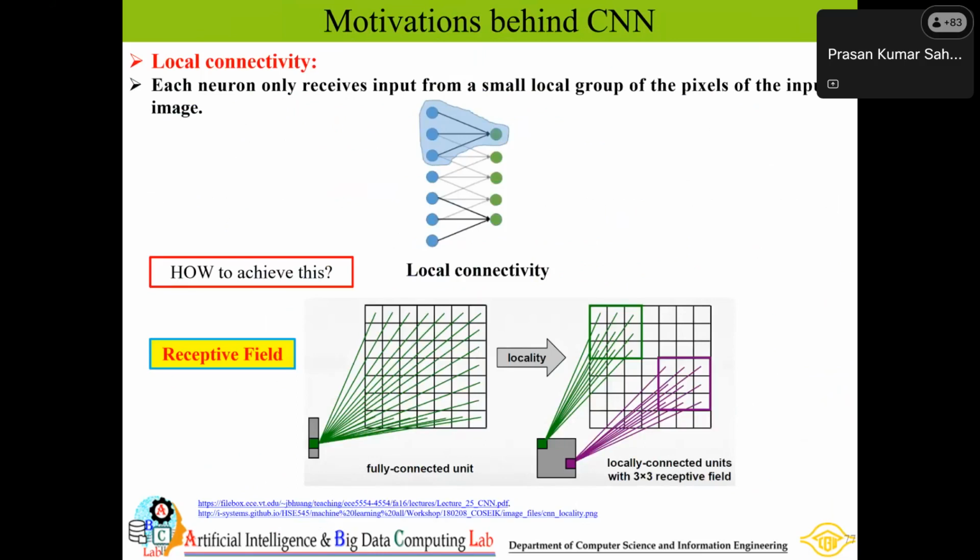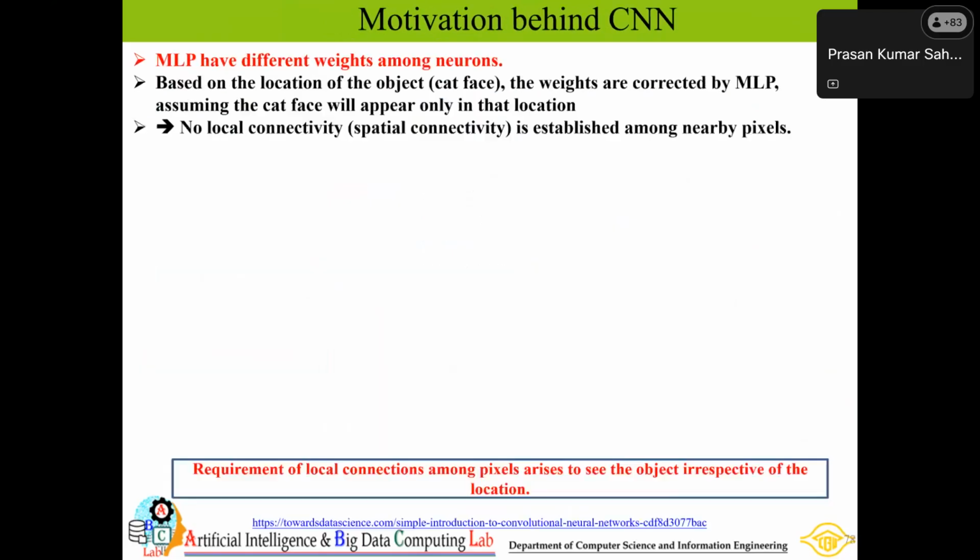I have shown you here how to achieve this local connectivity. The receptive field you can see here is a fully connected unit, and here is a locally connected unit with a 3 cross 3 receptive field. The local information is obtained, whereas the multi-layer perceptron has different weights among neurons.